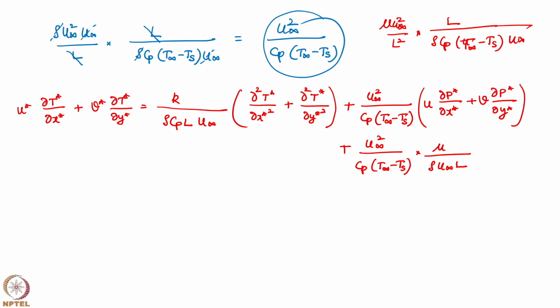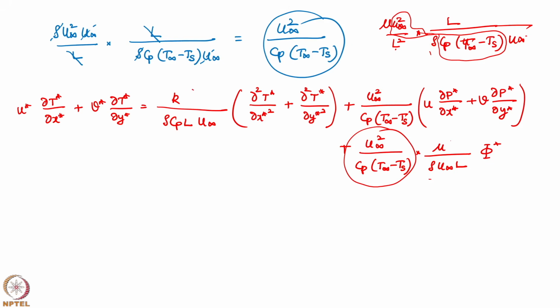So, that I have retained. This is what I have put, u infinity squared by Cp into T infinity minus Ts. I have put this term, and the rest term, mu by rho u infinity L, I have put here into phi star.